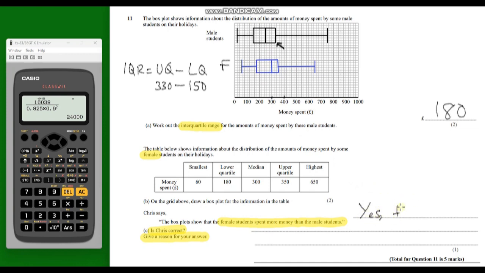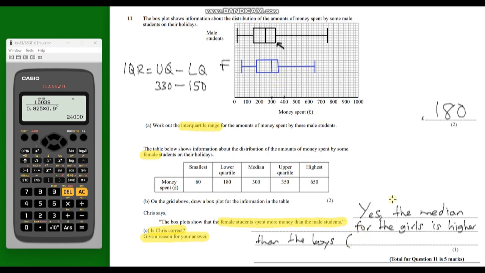We can say the median for the girls is higher than the boys. And I'm just going to put in brackets what the values are.